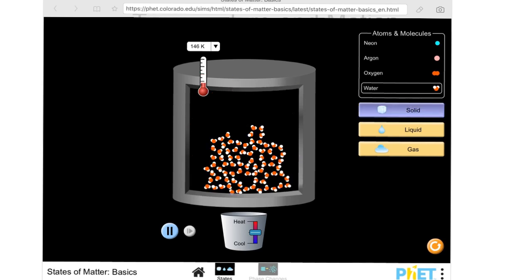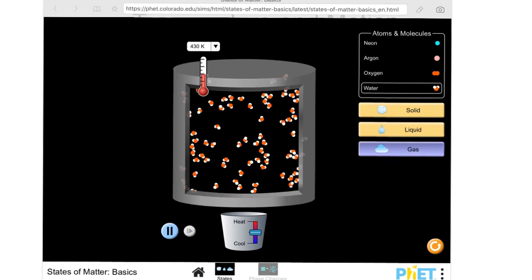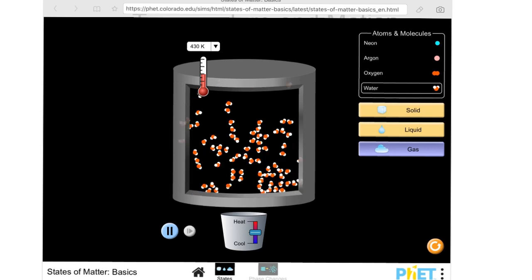They're still moving, they still have kinetic energy, but they are not free flowing like they would be in a liquid. So we have a higher temperature. Now we're at 286 Kelvin. When we are at 430 Kelvin, it would be the gas phase and the molecules have a much higher kinetic energy.